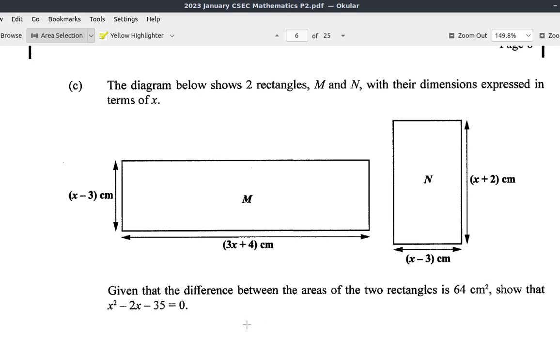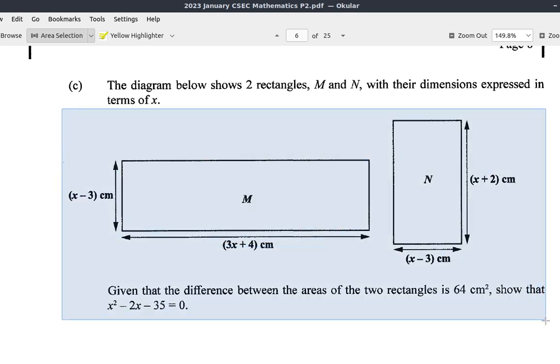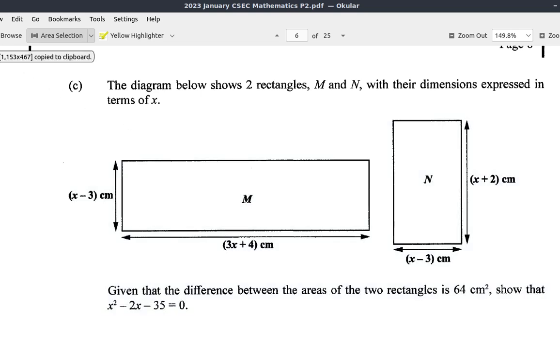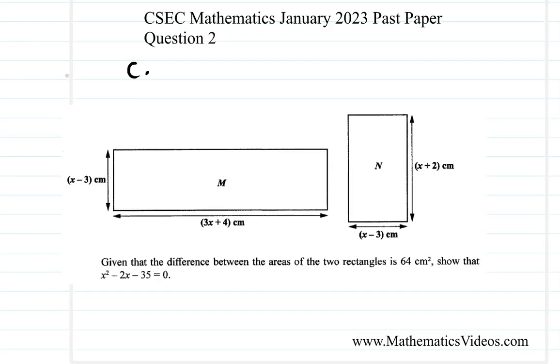Given that the difference between the areas of the two rectangles is 64 centimeters squared, show that x squared minus 2x minus 35 equals 0. Interesting. Let's copy this and put it over here.